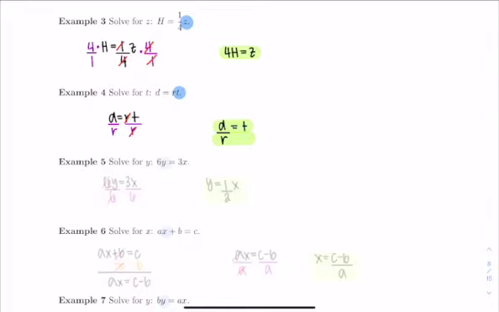Next, 6y equals 3x, and we want to solve for y, which means we need to have y by itself on the left. So to undo the multiplication, we're going to divide both sides by 6. And so that cancels on the left. We get just y, which is what we were looking for. But 3/6 we can simplify to 1/2, and we still have the x.